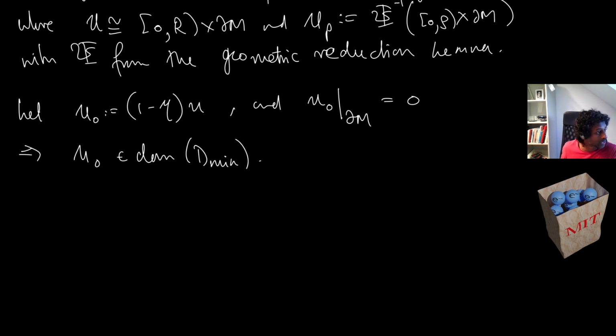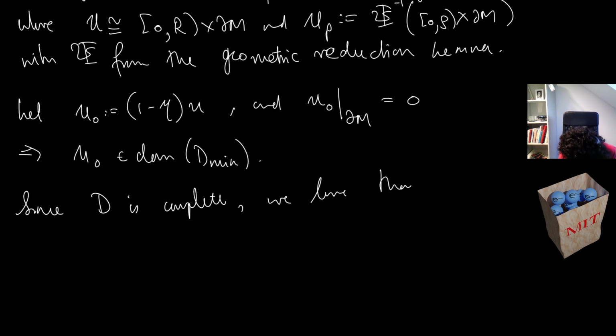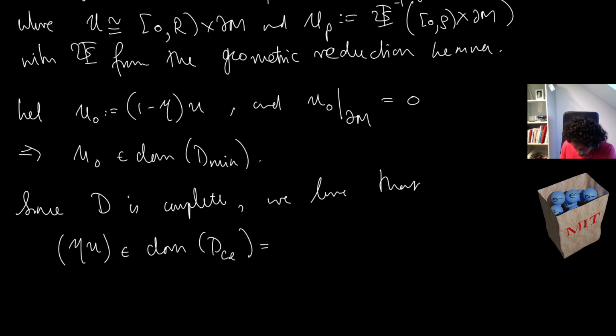So what do we have here? Since D is complete, we have that eta of U is in the domain of D closure, as we wrote before, and because of the choice of rho that we made, which is also equal now to the domain of D naught closure.